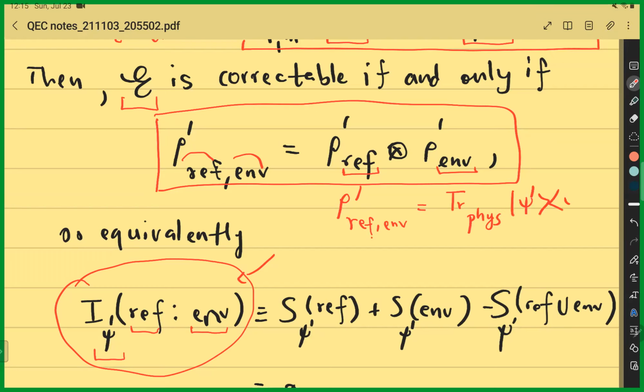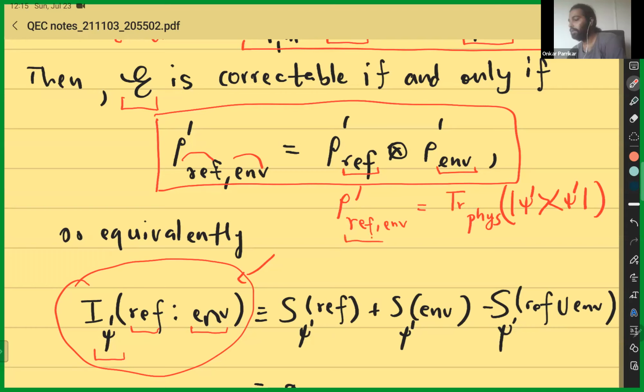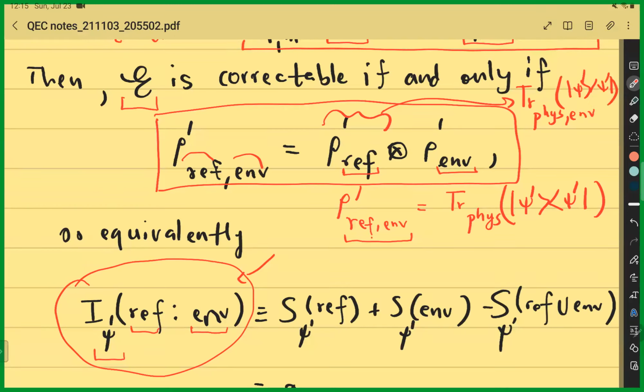So you trace out the physical system, and you get the reduced density matrix on reference and environment. Similarly, this thing here would be, for instance, trace over the physical system and the environment system. Is this clear? Yes, because I was a little confused about how it occurs on the right side after you traced over the reference and the environment. Sorry, that's just notation. Thanks for the clarification.